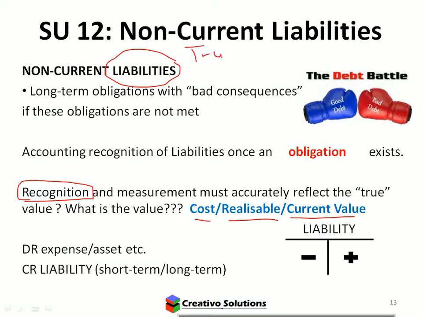So let's relate the law to it. Trust creditors. We know it's a liability. There's an obligation. If the obligations are not met, there's going to be a problem. So if you don't pay your trust creditors back, that's bad.